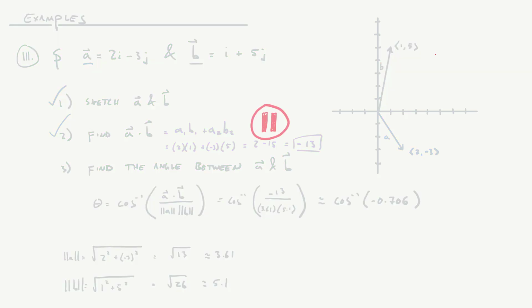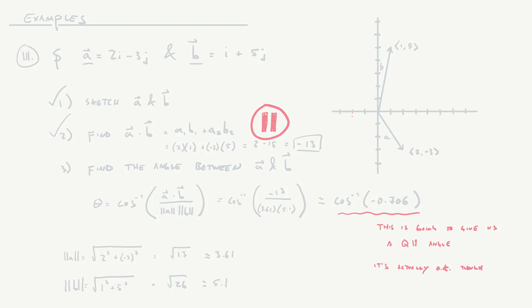Now, before we move on, I just want to point out that this is going to give us something that's in quadrant 2. Cosine inverse only exists between 0 and 180 degrees, right? 0 and pi. So the fact that we're plugging in something negative means that we're going to be forced to be in quadrant 2 for cosine inverse. But what I want to point out is that it actually doesn't matter.